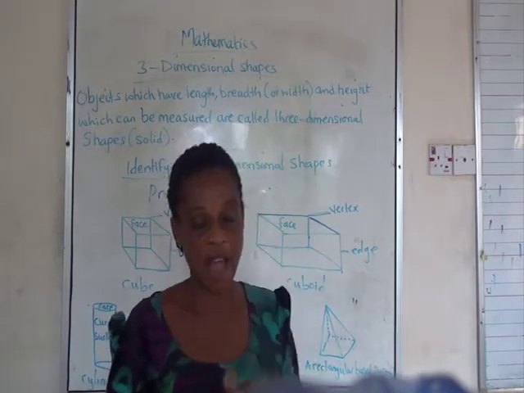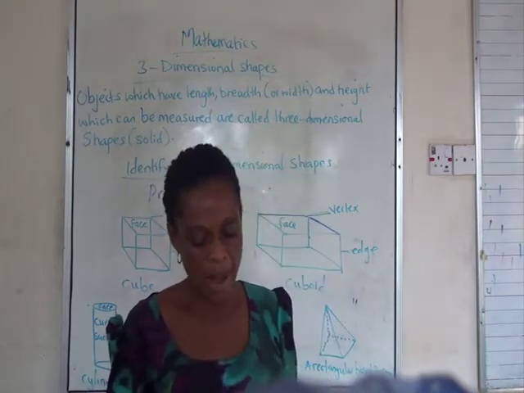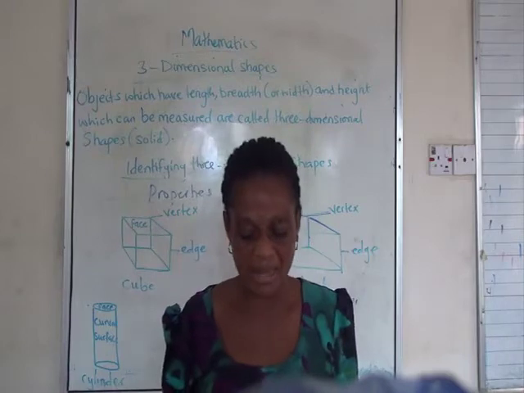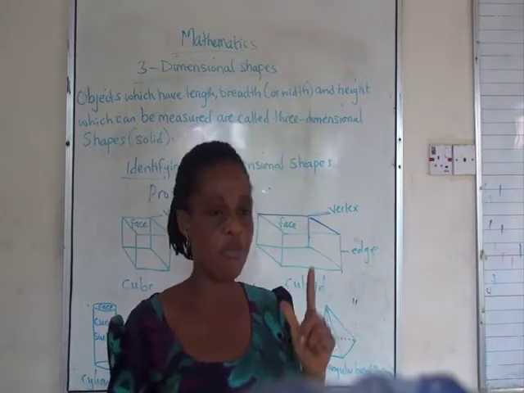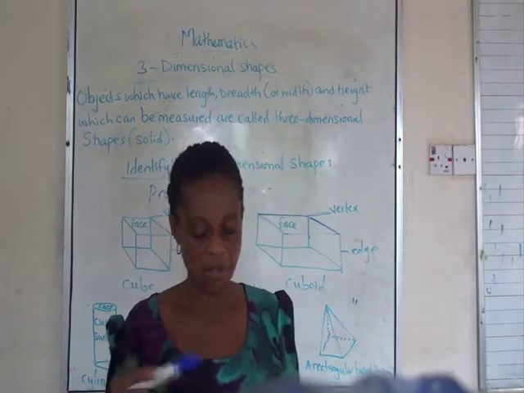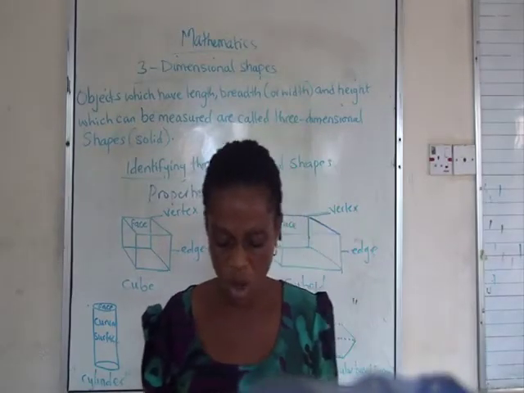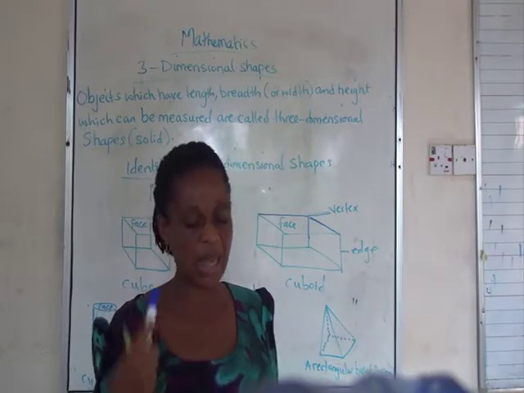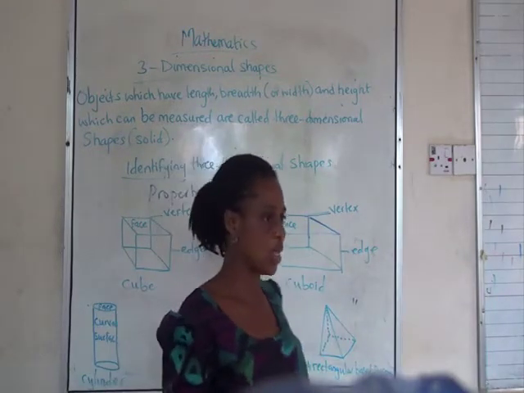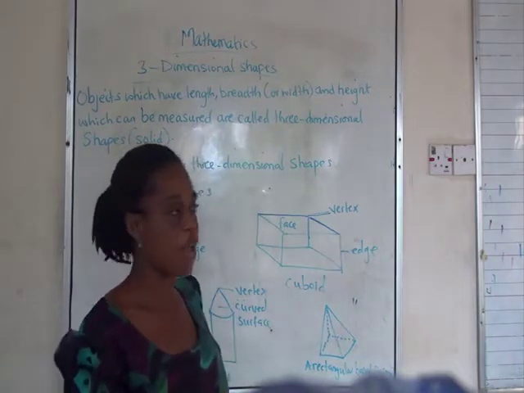When the base has 6 sides, the number of faces will be 7. The number of sides of the base also determines the number of edges.